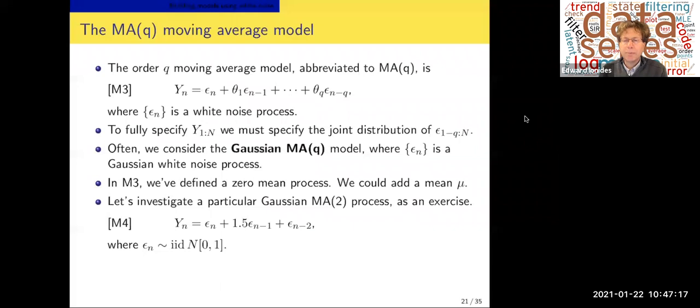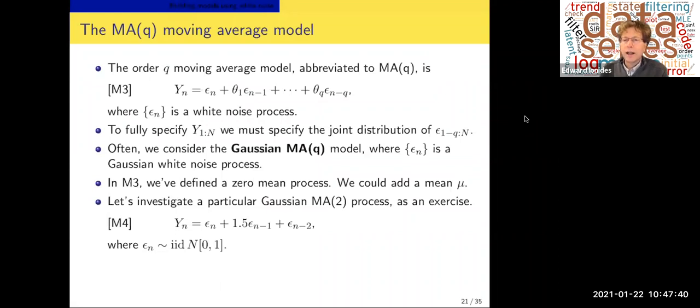We could add in a mean, just like we could have with the autoregressive model we had before. Okay, and so let's look at a particular MA process, a Gaussian MA2 in model M4, where Yn is epsilon n plus 1.5 epsilon n minus 1 plus epsilon n minus 2.